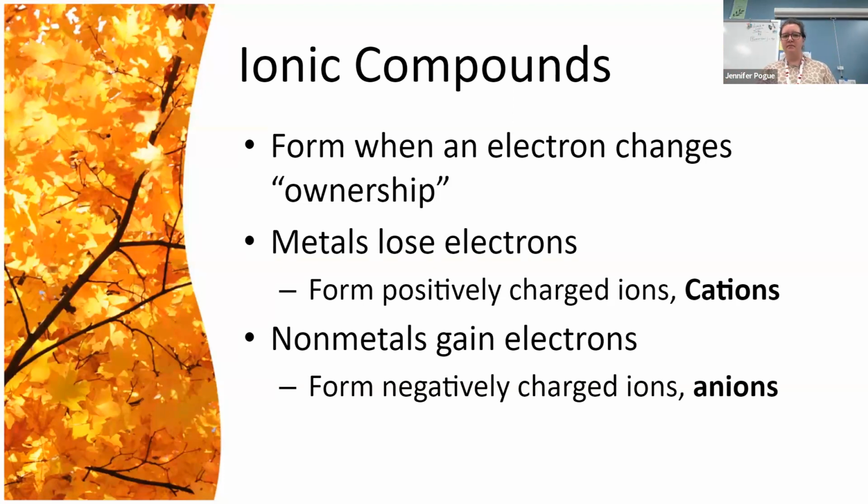Okay? That's the goal. The way we achieve that complete octet is that the electrons switch places. And because it's a metal and a non-metal, we're going to have a fairly large difference in electronegativity, which is that attraction for the electrons.